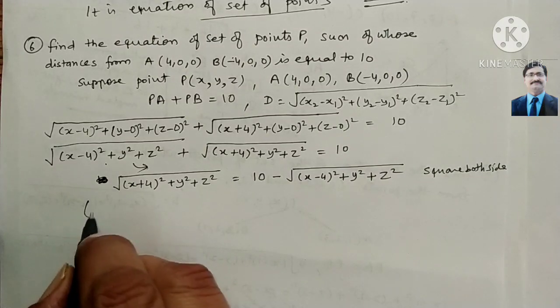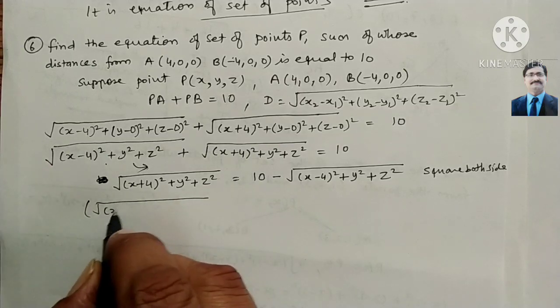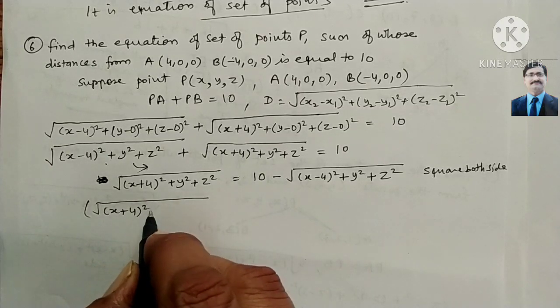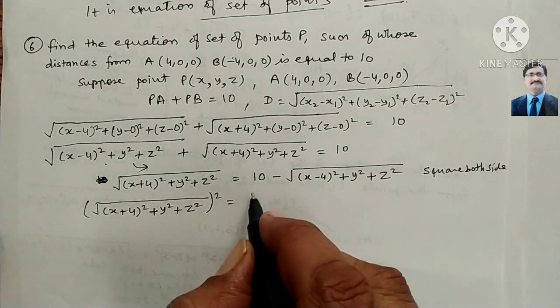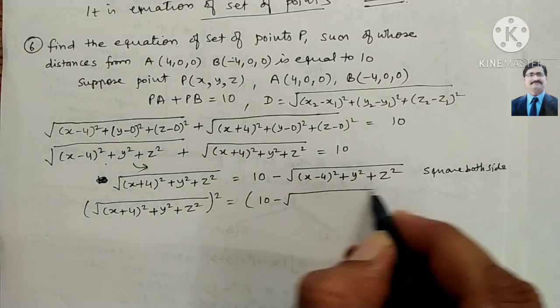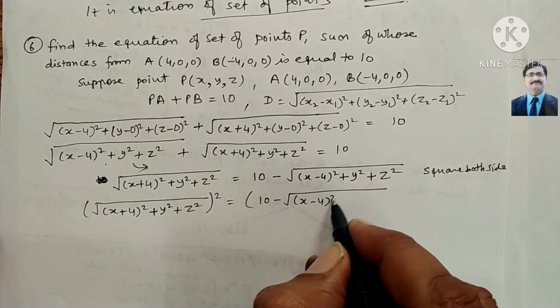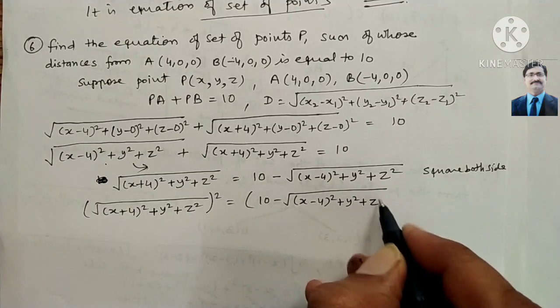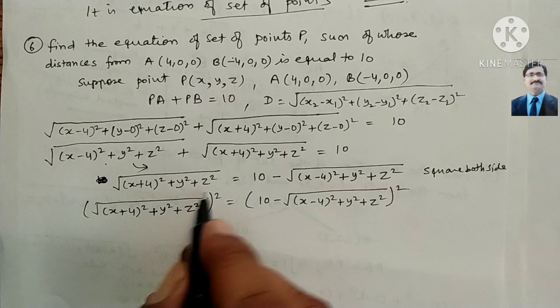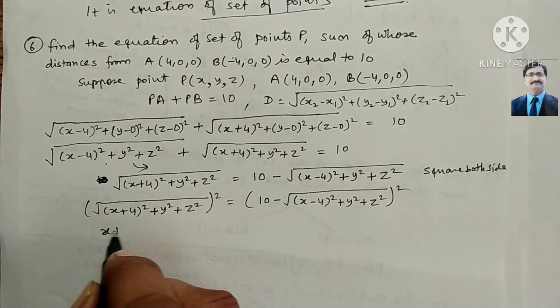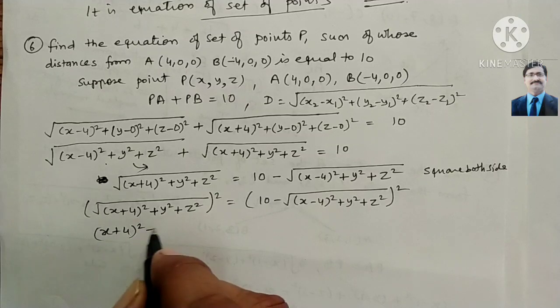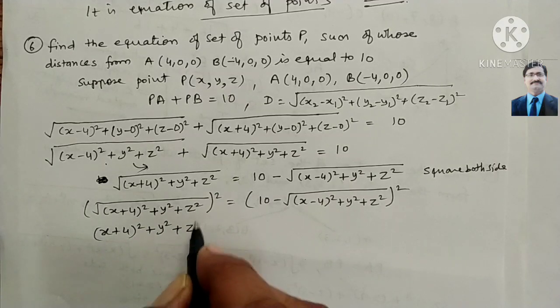Look at this, when we square, we write (x plus 4) whole square plus y square plus z square on the left, and on the right we have 10 minus root of (x minus 4) whole square plus y square plus z square, whole square. Here square and root both are there, so they cancel.